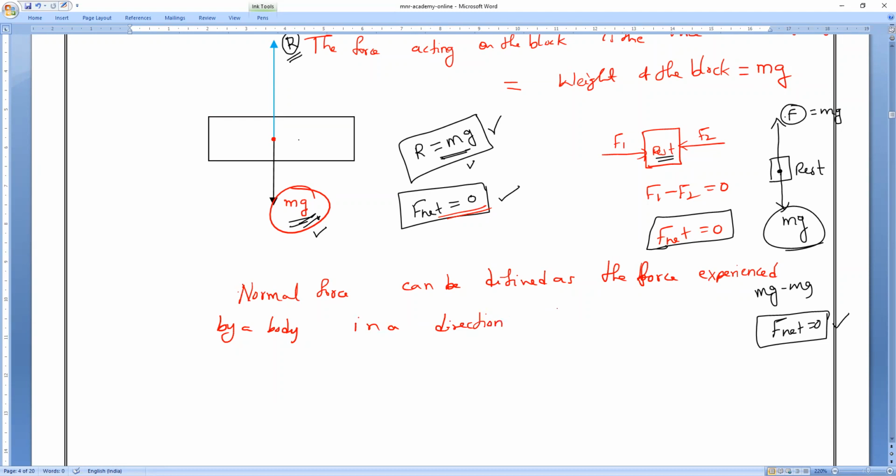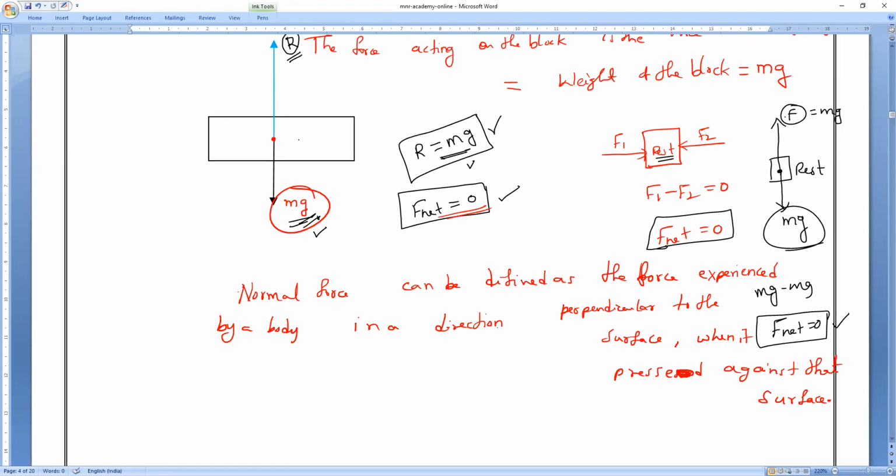Perpendicularly upward or downward? Upward, perpendicular to the surface, when it is pressed against the surface. Against that surface. Is that okay?